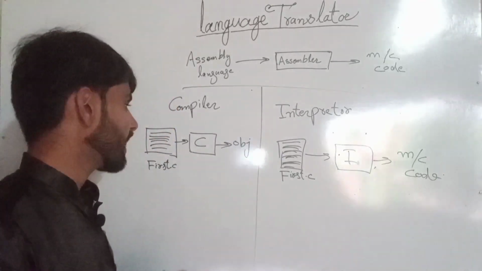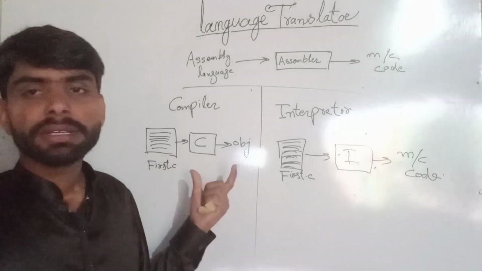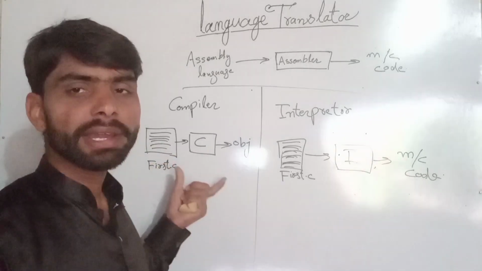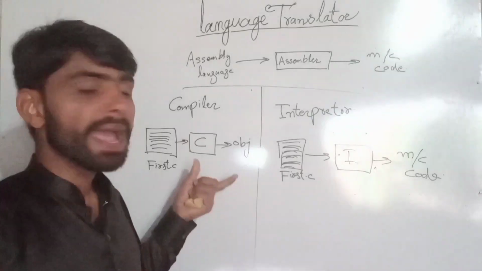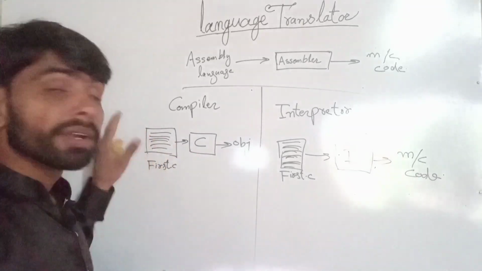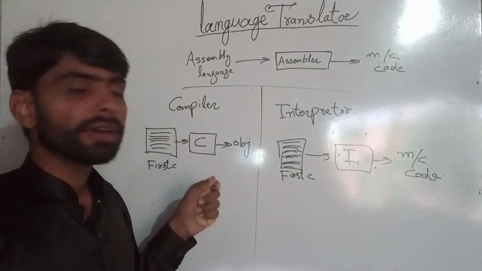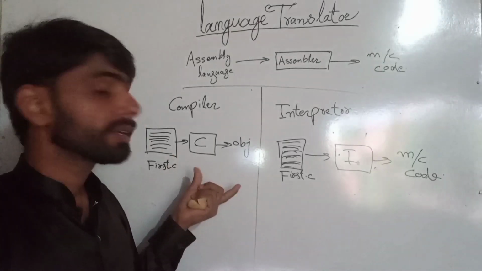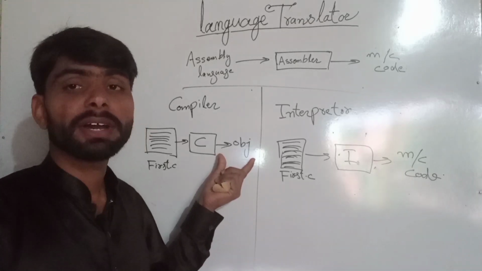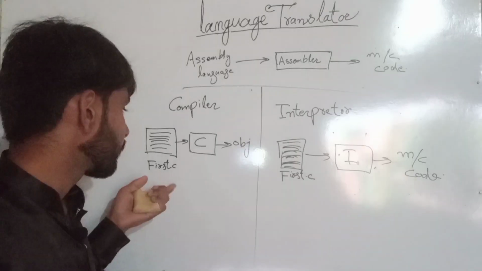The next difference is that one takes more memory and the other takes less memory. Why? Because in the compiler, linking and loading are done, an object file is created, and it converts all the lines into machine code. So it needs more memory to execute.